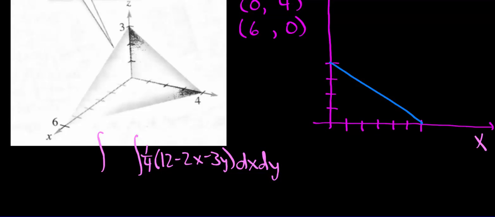That means y is going to go from 0 to 1, 2, 3, 4. 0 to 4. So I come in here, and no matter how I choose y, I go straight across, and I hit this line.